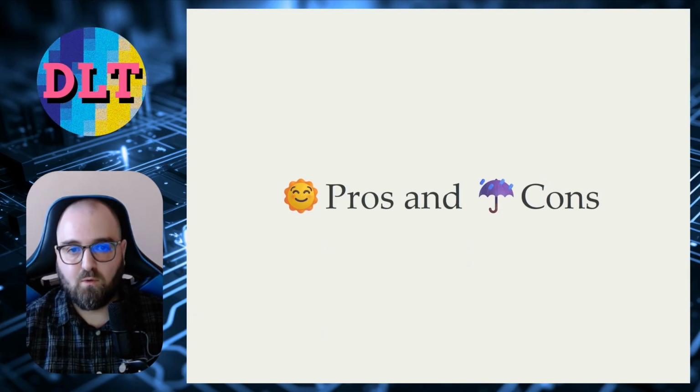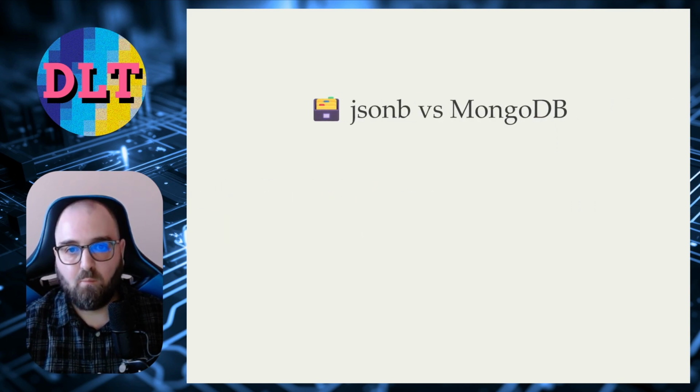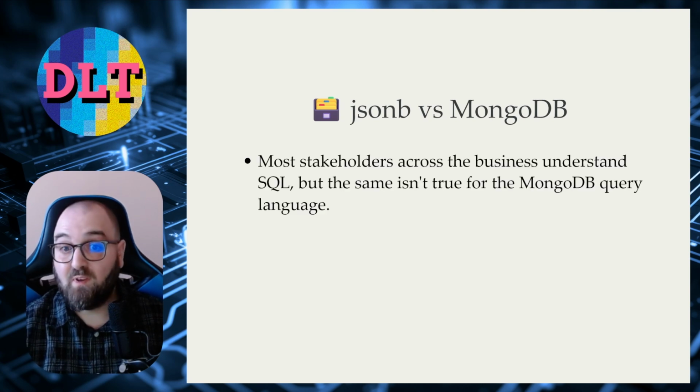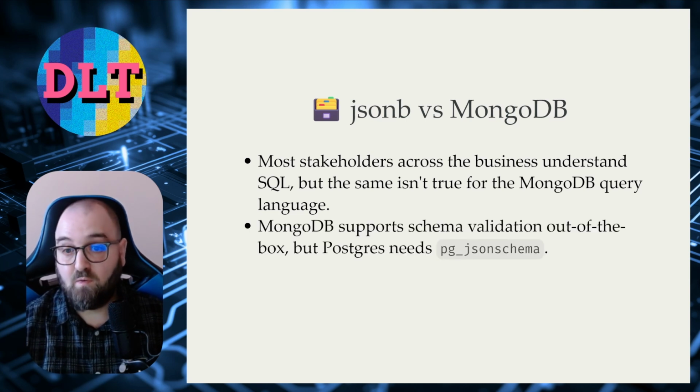So now let's go into some pros and cons, a bit of a general overview, and let's compare, for instance, JSONB for document storage versus MongoDB. Most stakeholders across the business understand SQL, but the same isn't true for the MongoDB query language, and I've seen this firsthand, definitely. MongoDB supports schema validation out of the box, but Postgres needs PG JSON schema.